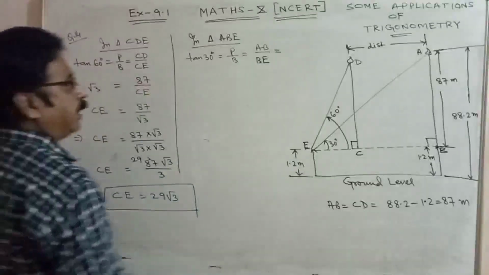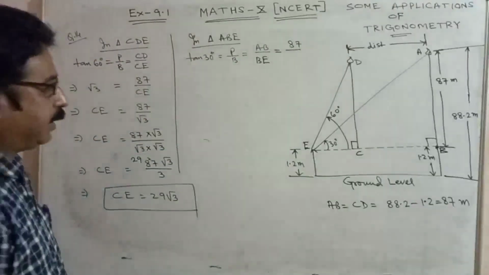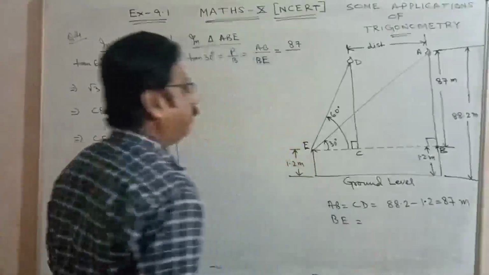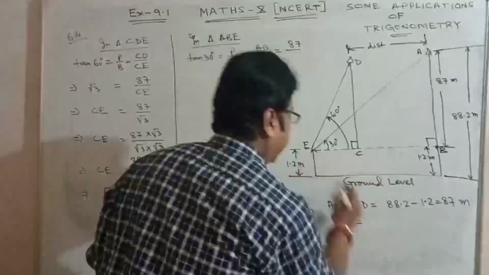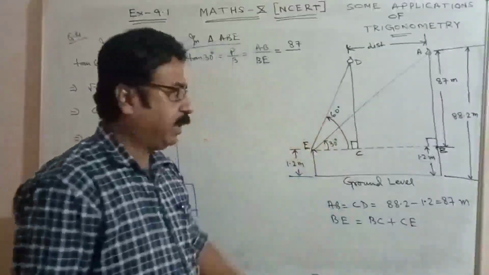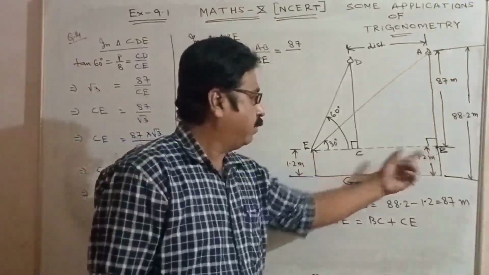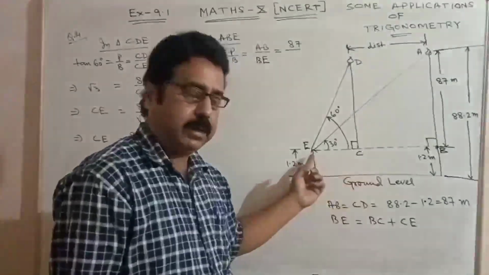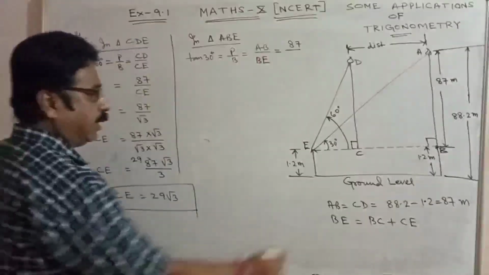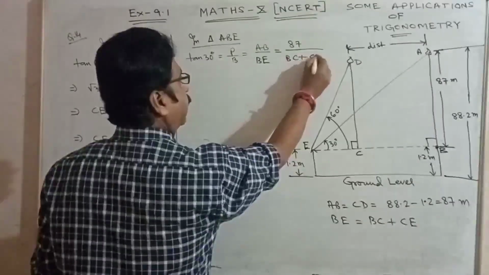AB is known, 87. BE can be written as BC plus CE. BE means this much. That means BC plus CE. In place of BE, we can write BC plus CE.